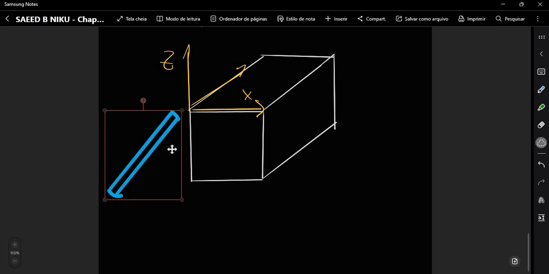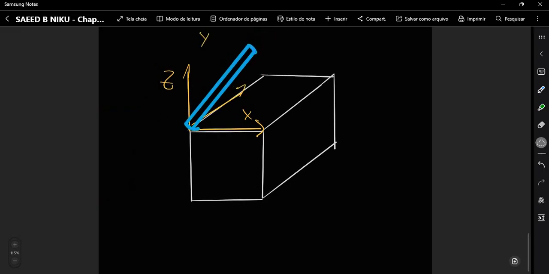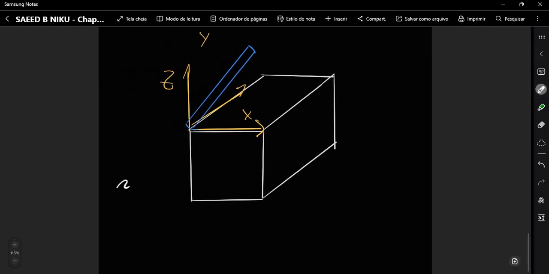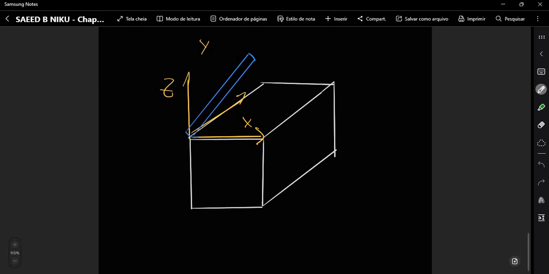So right here we have a robot arm, and this robot arm, as we already saw, is limited to three transformations of translation.